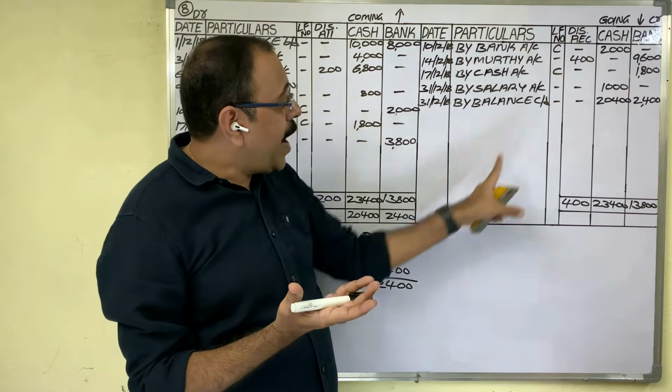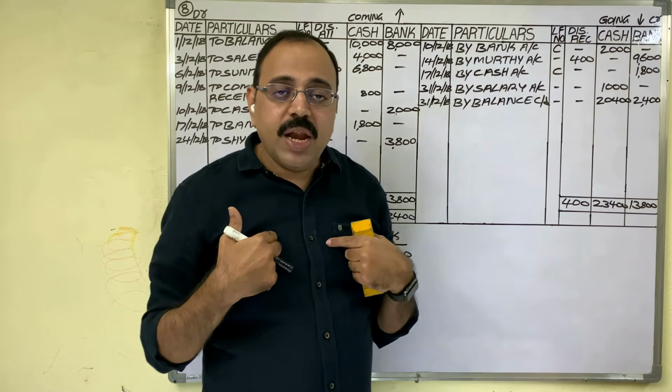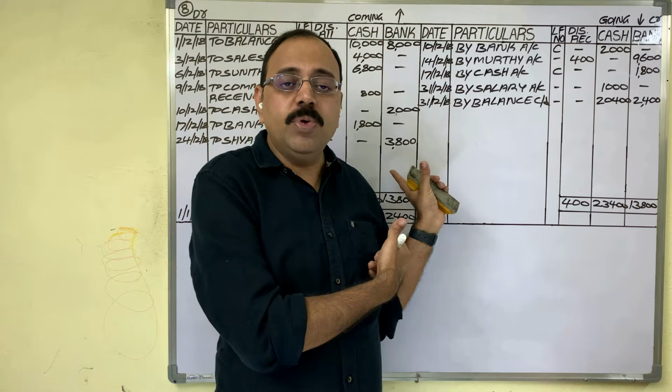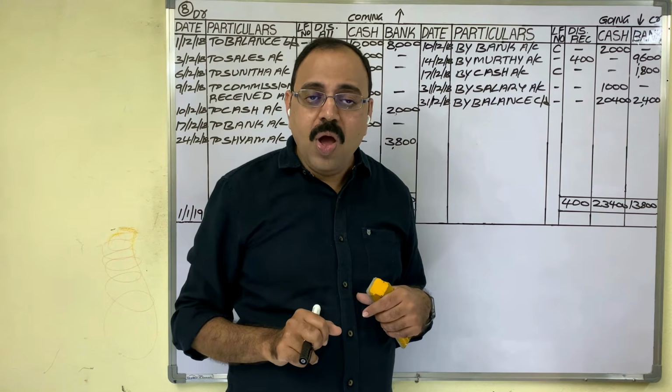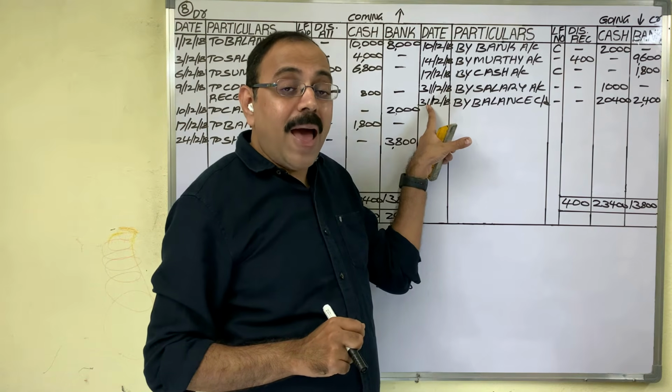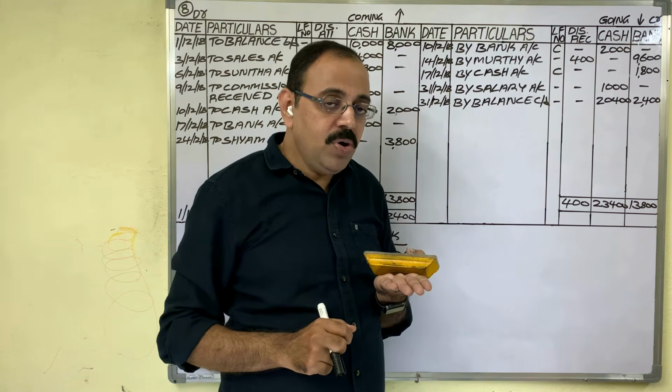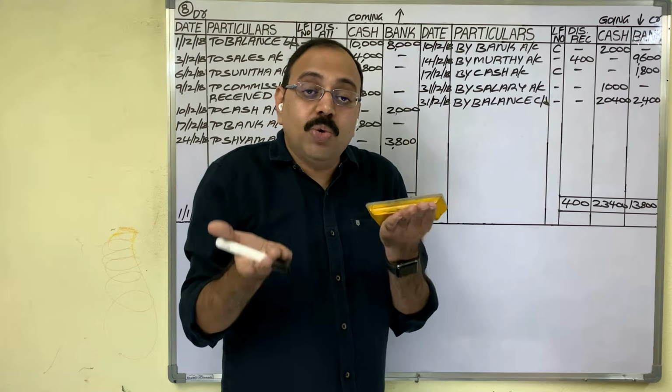Because same bank transactions we are writing in our triple column cash book and bank is writing in its ledger book. Therefore, on any day, the bank balance as per cash book and passbook should be the same.